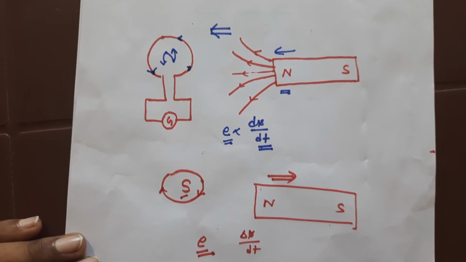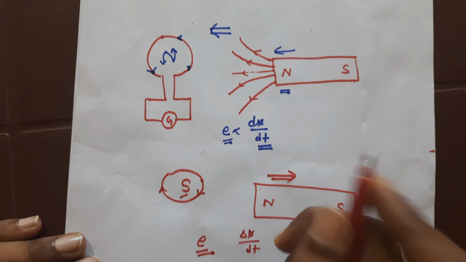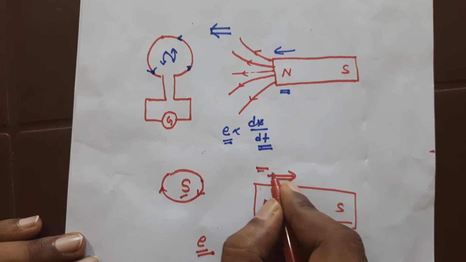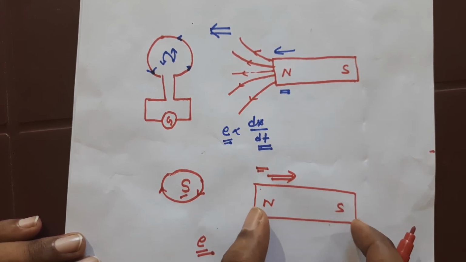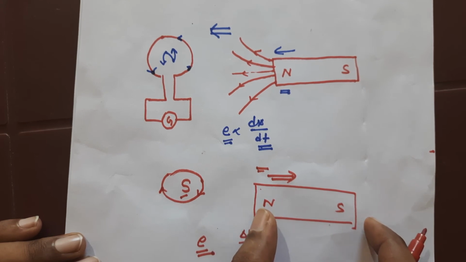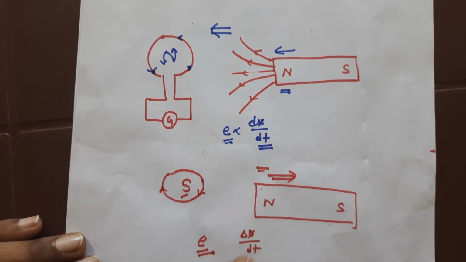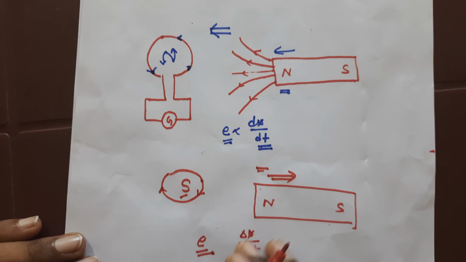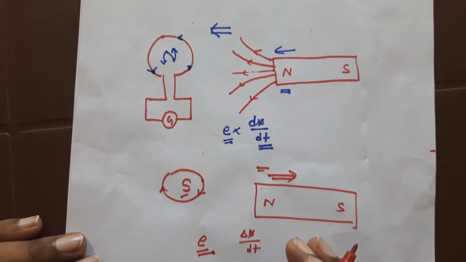Ultimately we will find that we have just given a push to this bar magnet, and it is going away from the coil on its own without doing any work.